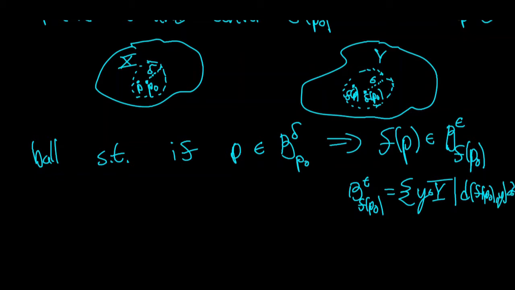Sorry, I kind of ran out of room over here. But so we don't have to worry about epsilon being too big. Don't get fooled by this diagram. You might be asking, well, what if I have an epsilon that's so big that I get a point that's outside of y? Well, that doesn't really make sense.